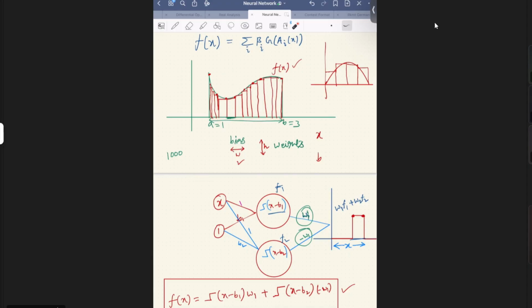For every point, you already have an f of x value: you know the x, and you know the actual function. For this x, there is an f of x, and you apply supervised learning to check whether this signal is meeting this f of x or not.